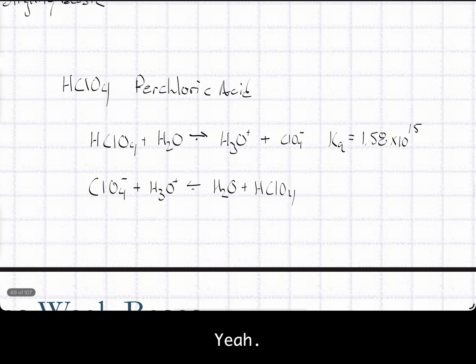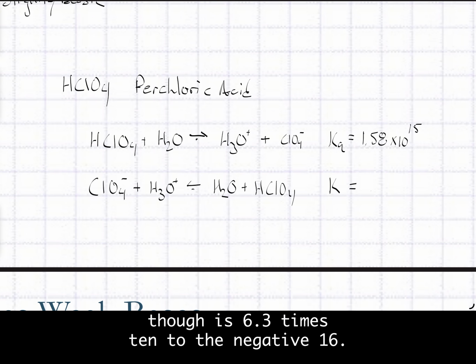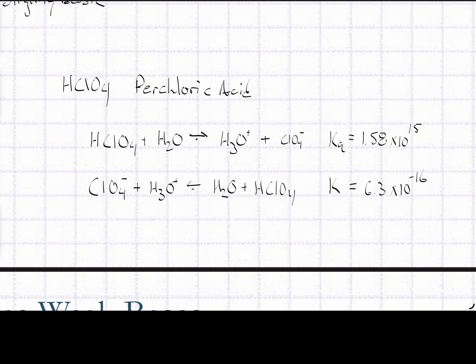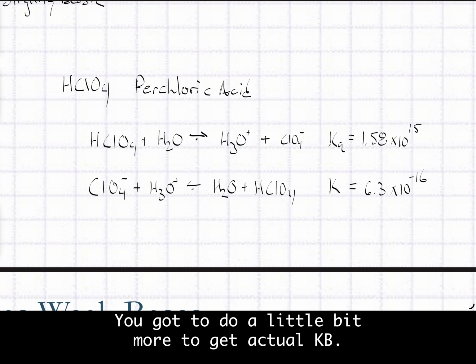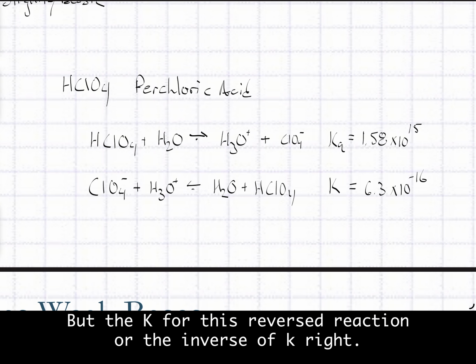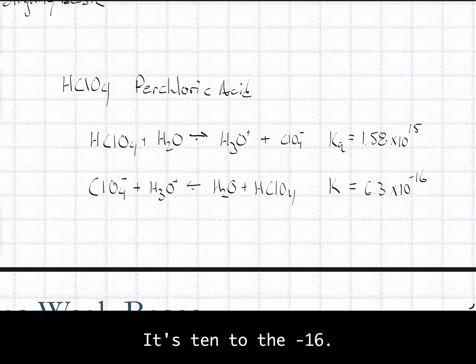It's not the Kb. The K for the reverse of this reaction, though, is 6.3 times 10 to the -16. Got to do a little bit more to get the actual Kb, but the K for this reversed reaction, the inverse of Ka, is 10 to the -16.